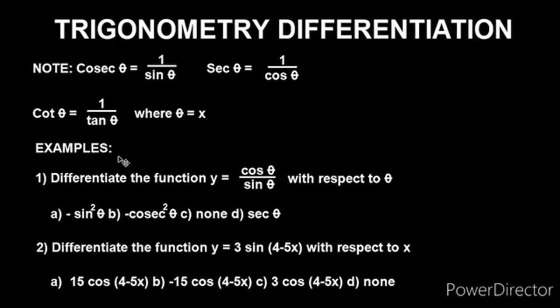So example 1 says differentiate the function y equals cos theta over sin theta with respect to theta. We have the options here to be option A minus sin squared theta, option B minus cos squared theta, option C none, option D sec theta.